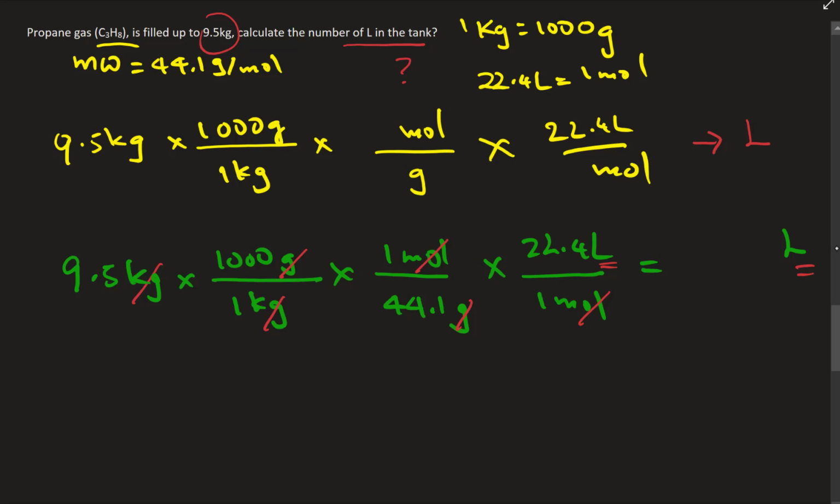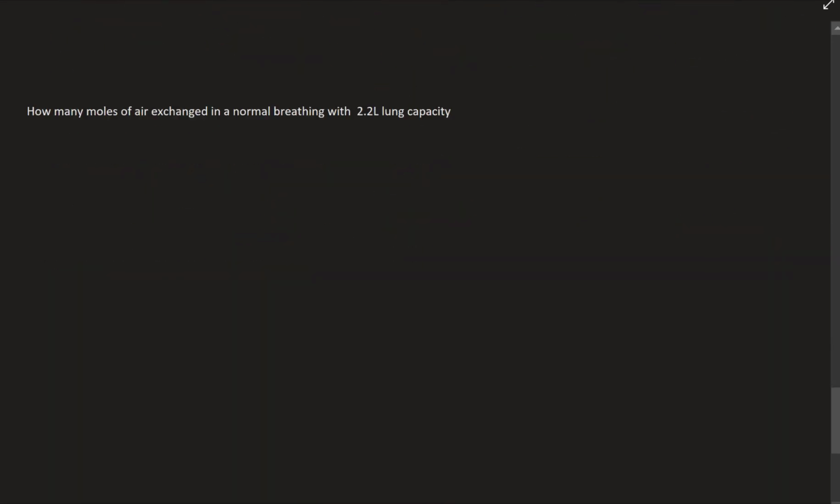So you're left with liters. Let's calculate again. This one is easy. Everything above the line you multiply, everything below the line you divide; you just need one bracket for the top and one bracket for the bottom, right? So you get 4825. That's it.